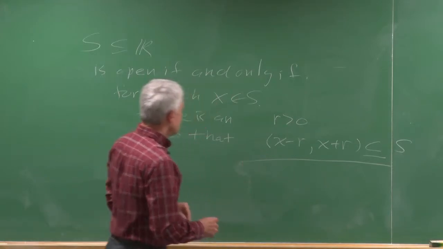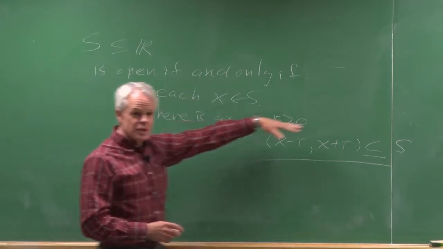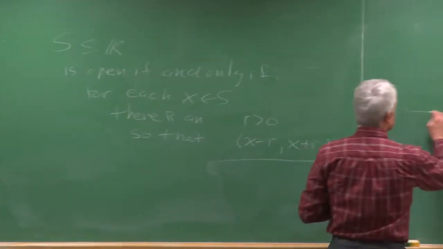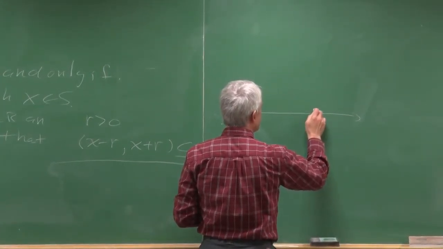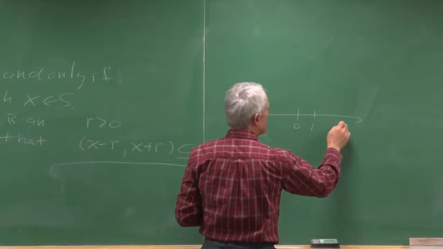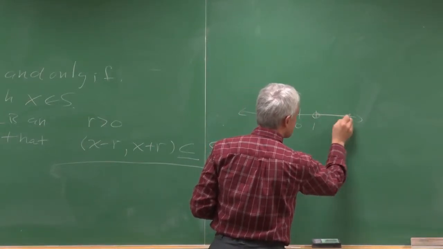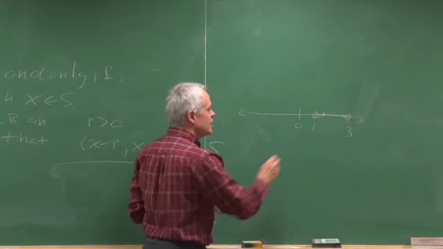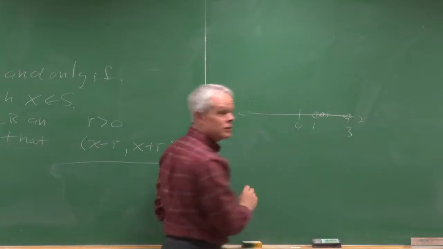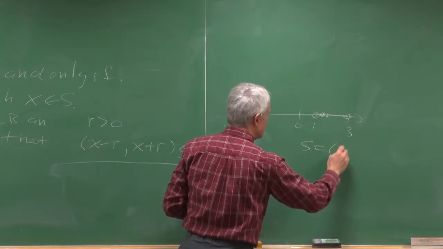Standard example of an open set is an open interval. If we have, let's say, the interval from 1 to 3, that's an open interval. Every element in there has an interval around it that's still in this interval from 1 to 3.